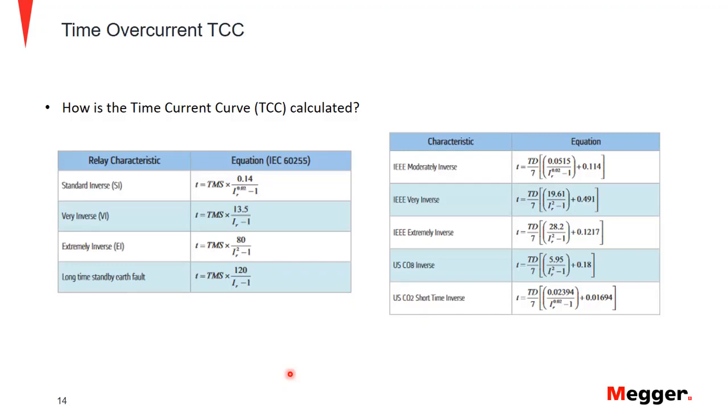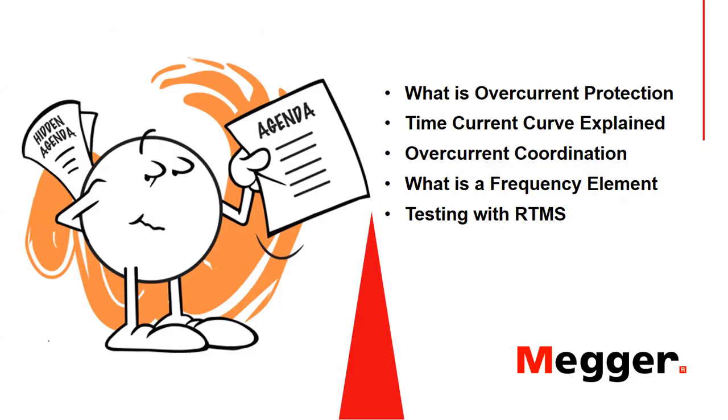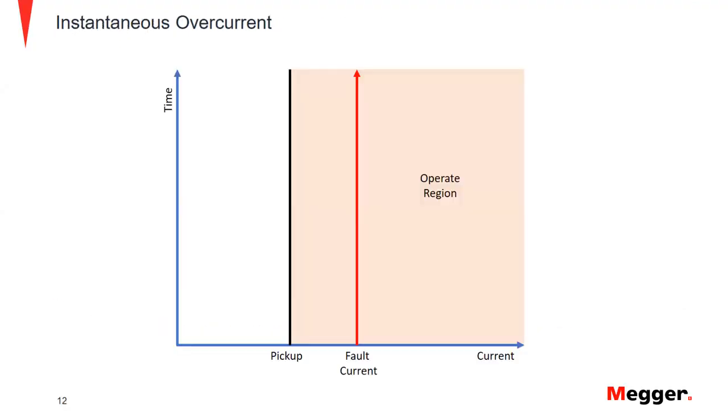The TAP value is nothing but the pickup value for the overcurrent element, overvoltage, or whatever kind of relay you're using. Whereas the PSM, the abbreviation for plug setting multiplier, is the ratio of the fault current to the pickup current of the relay. So there is a minor difference between the TAP and the PSM. I hope I answered the question.